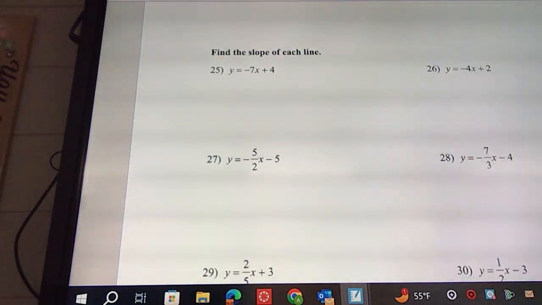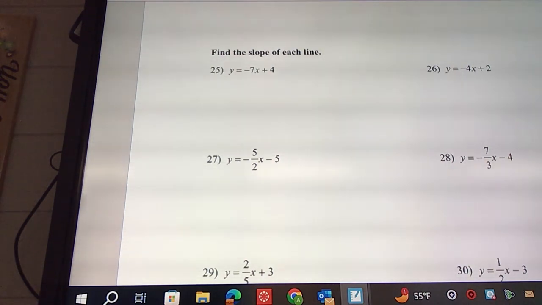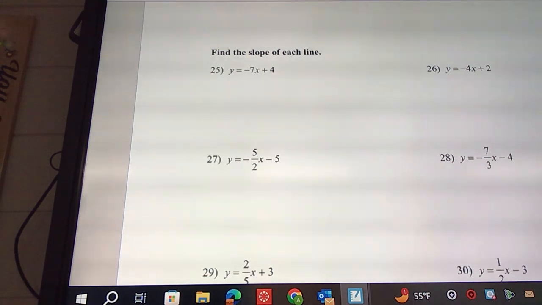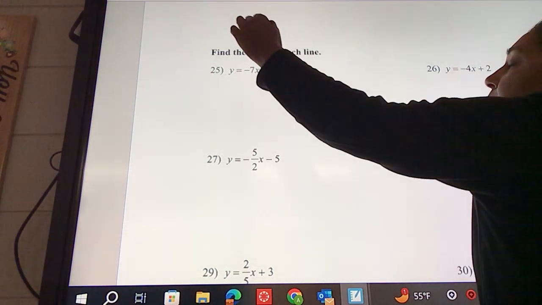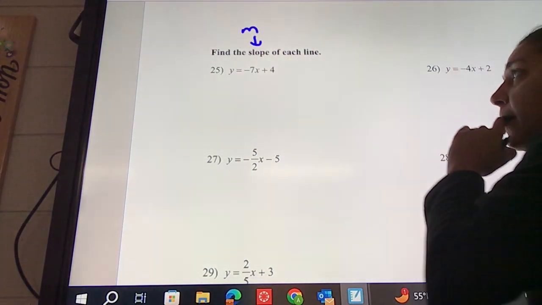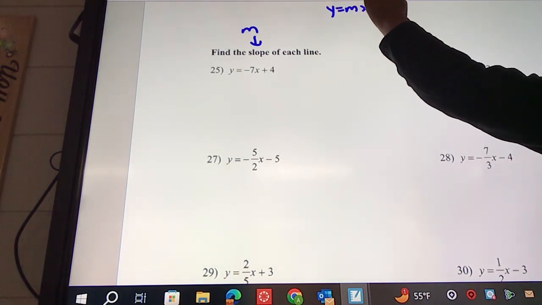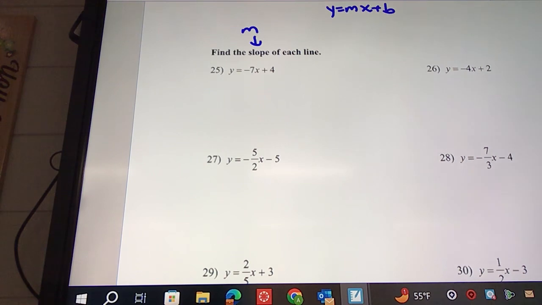Okay, and then the back page, I am adding one thing on here. It is not in the instructions, but we're going to do it anyways. What letter do we use for slope? M. Okay, so this is the formula, y equals mx plus b. The y and the x are always going to be there. The m is obviously the slope.